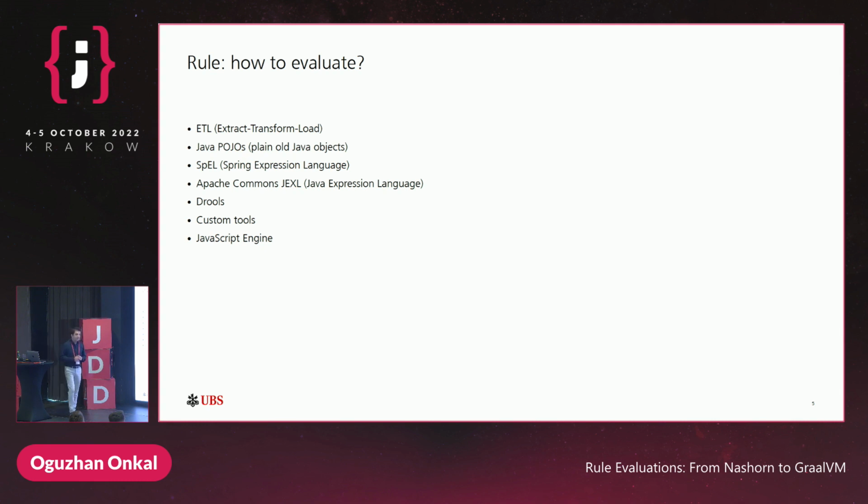Another framework is Drools. This is a rule engine, and it's really dedicated to this rule engine topic. And you can also write your custom tools. And the last one is the JavaScript engine, which we will look at. Here I wouldn't say any of them is superior to the others, because each of them has drawbacks, upsides and downsides. So it depends on your application, context, requirements, etc.